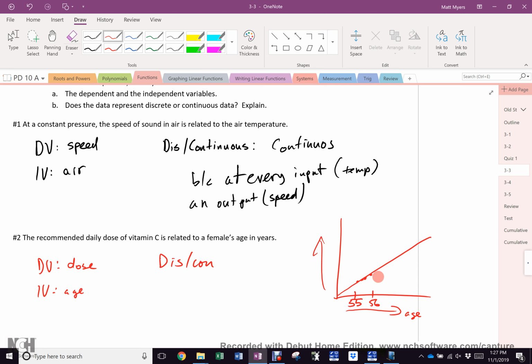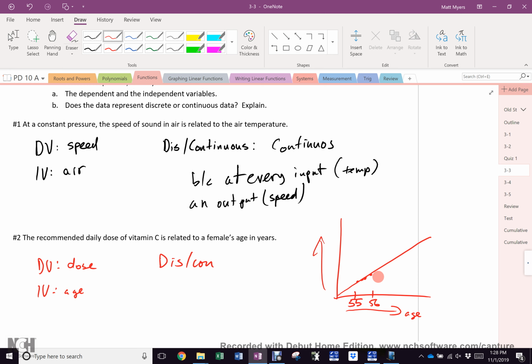No. So, I understand why you want to say continuous, and I understand why it would seem to be continuous. But remember, data represents real life, and the dosage cannot keep up with our age, right? Because technically, I am now 30 seconds older than when we started this conversation.